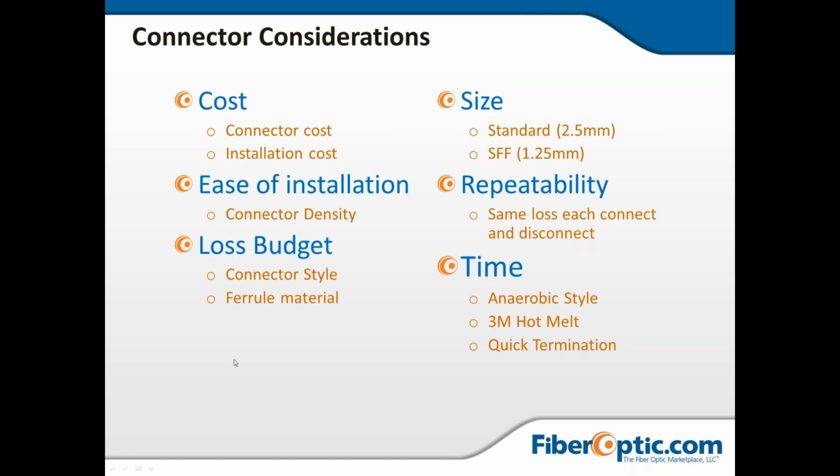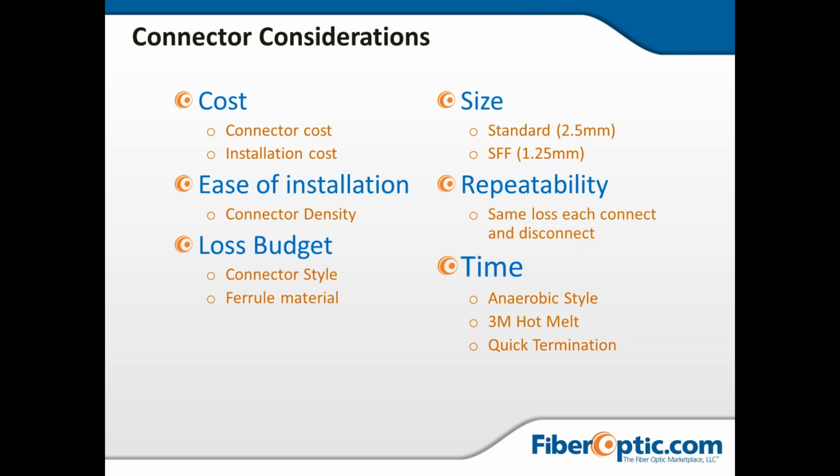Your loss budget or your connector style, this is extremely important and once again ties back to cost. Certain jobs, certain cell phone carriers, T-Mobile, Sprint, AT&T, Verizon, they have a loss budget and you have to stick with that.